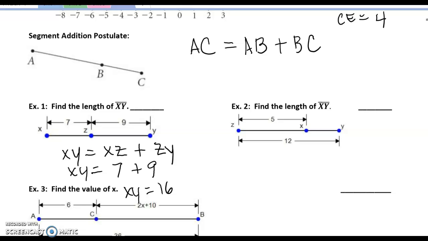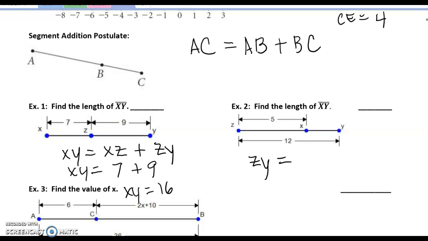Let's take a look at example number 2. Here we're trying to find the length of XY again. However, you notice that XY this time is not the longest segment in the picture. The longest segment in the picture appears to be segment ZY. So how are we going to use the segment addition postulate for this one? Well, we're still going to set it up as we did with the previous example.